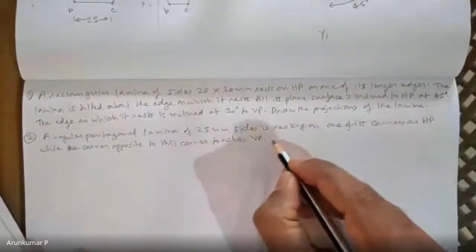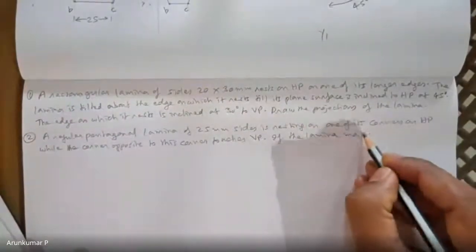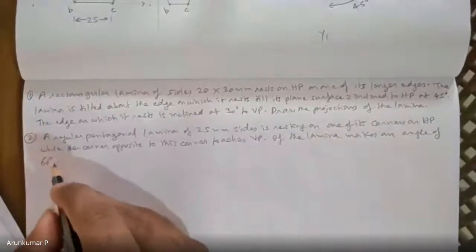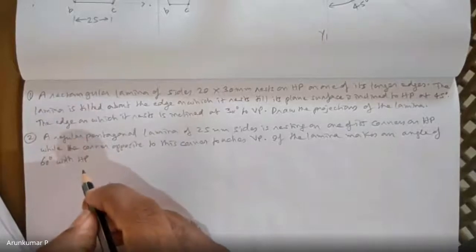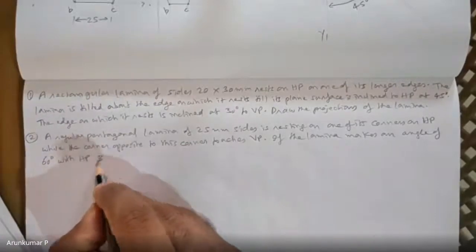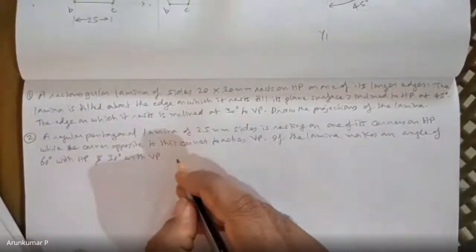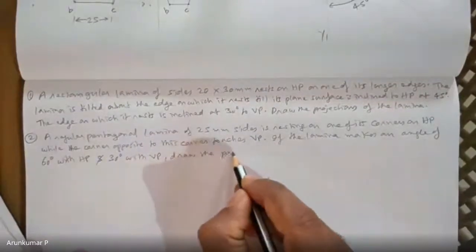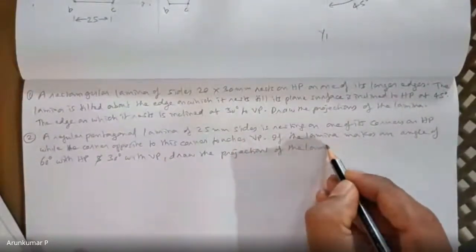If the lamina makes an angle of 60 degrees with HP, and 30 degrees with VP, draw the projections of the lamina.